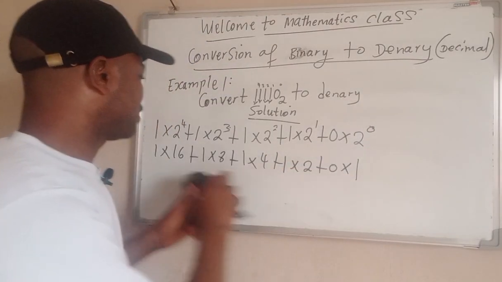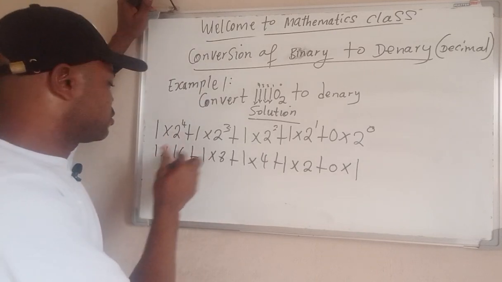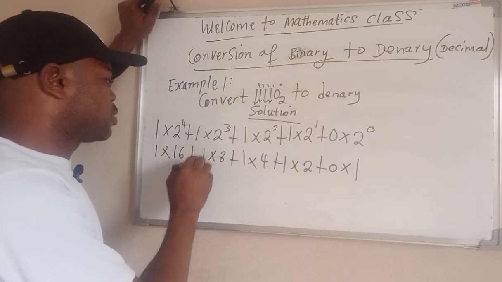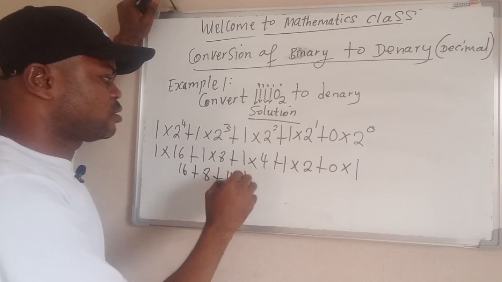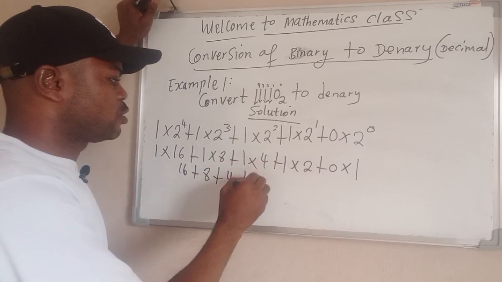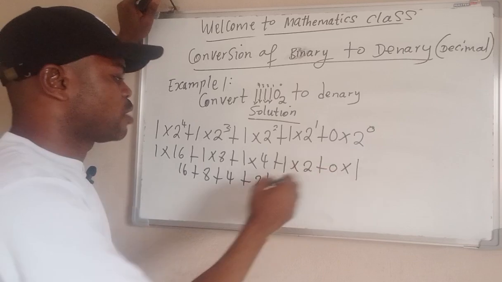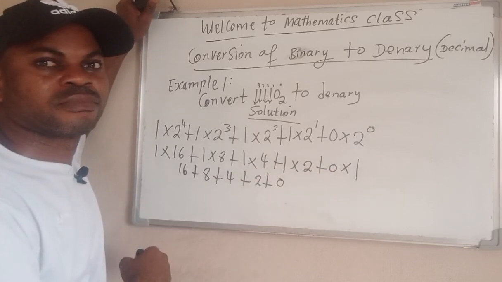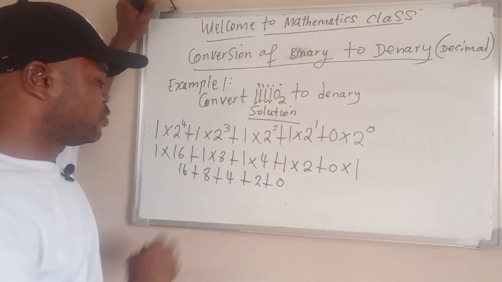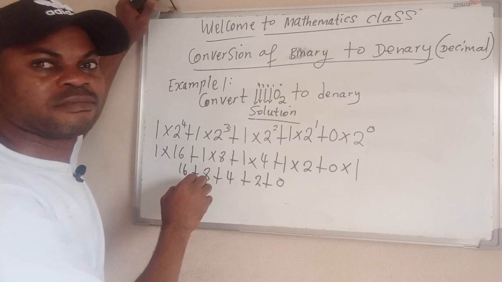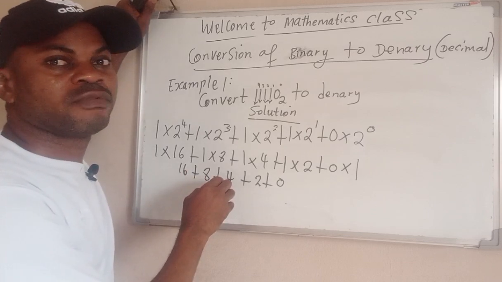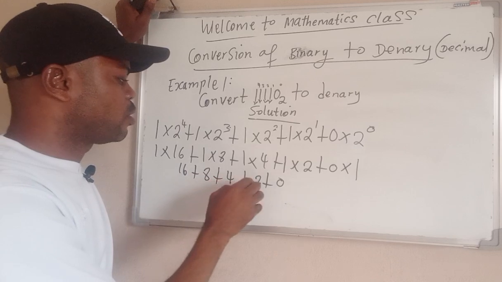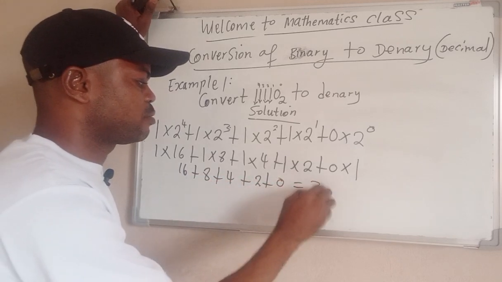So having done that: 1 times 16 is 16, plus 1 times 8 is 8, plus 1 times 4 is 4, plus 1 times 2 is 2, plus 0 times 1 is 0. Let's add our values. 16 plus 8 gives you 24. 24 plus 4 gives you 28. Now 28 plus 2 gives you 30.